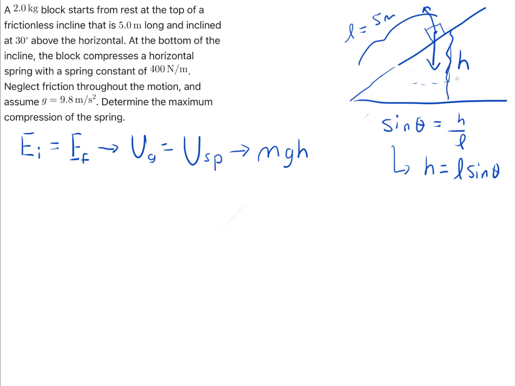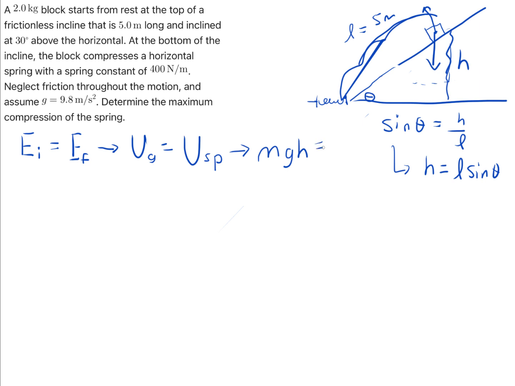And instead, this whole length is the height. And this whole length is 5 meters. And instead, the spring is like down here. So this might be a little more clear why we can do this.